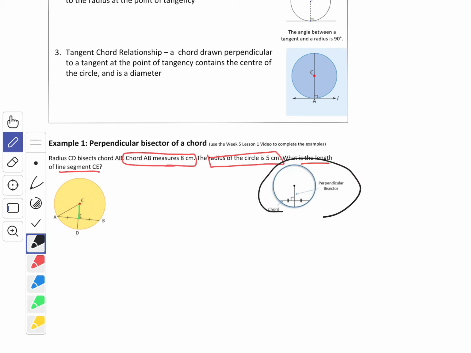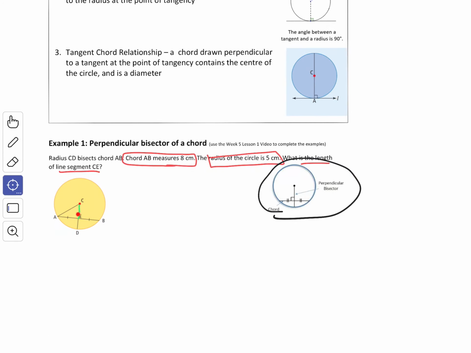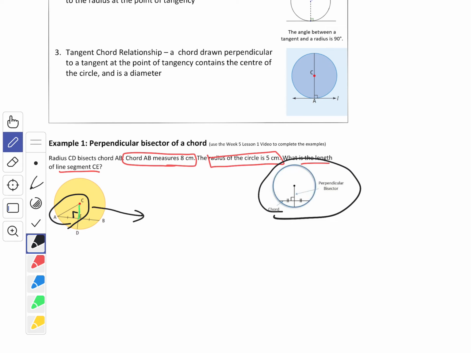What we already know from this property is that because this is the radius that bisects the chord, it's always going to form a 90 degree angle here. Then we can almost look at this as its own triangle.